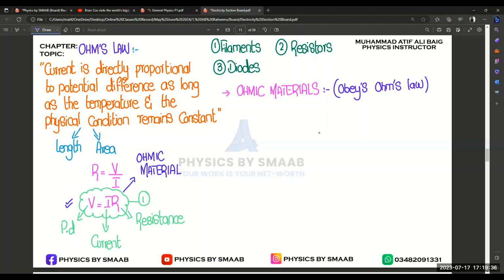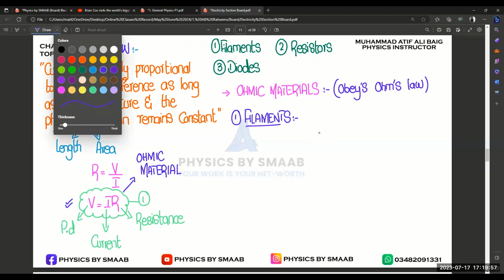First of all, let's start with the filament. The first component is the filament. If you know those orange bulbs, they are also known as tungsten bulbs.